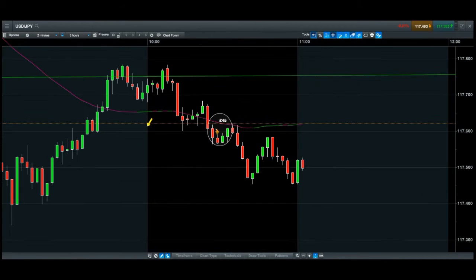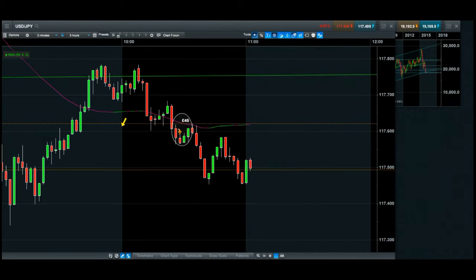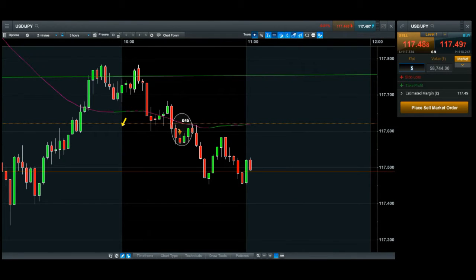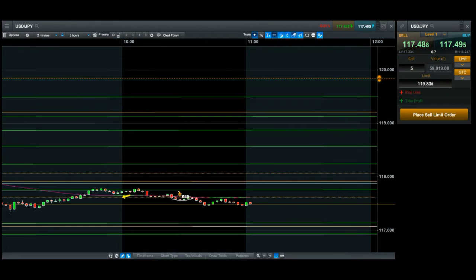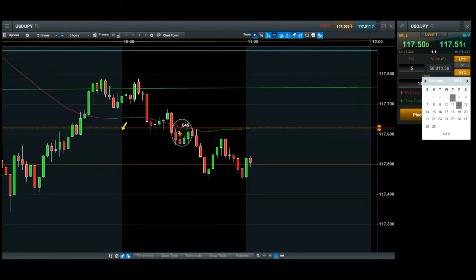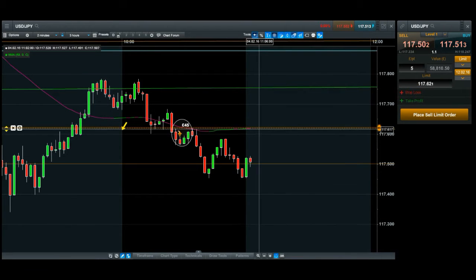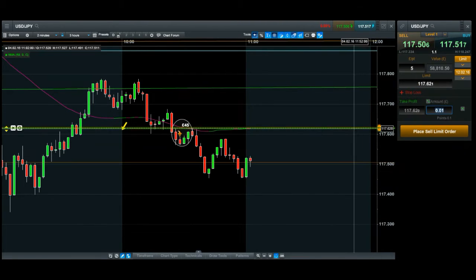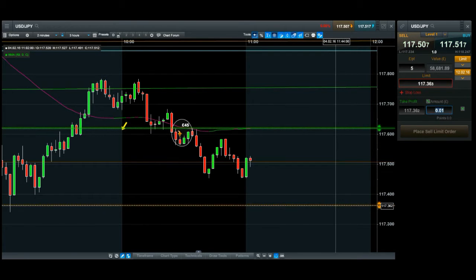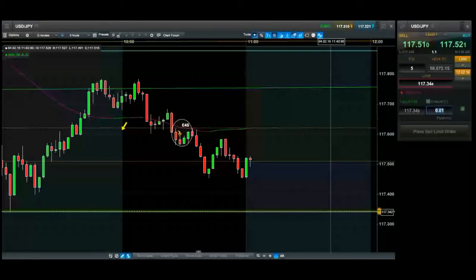So what we'll do now is click into the sell box and set up a limit order, so that when the price does return back up to the simple moving average area, that's where it's going to hit my entry.